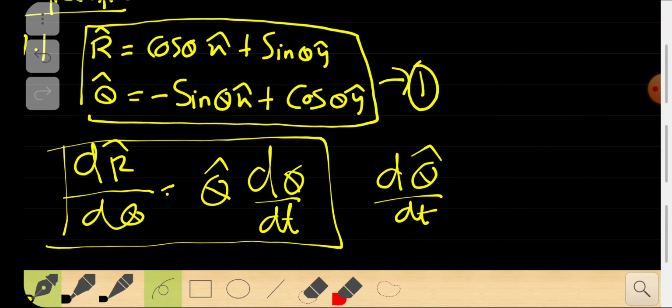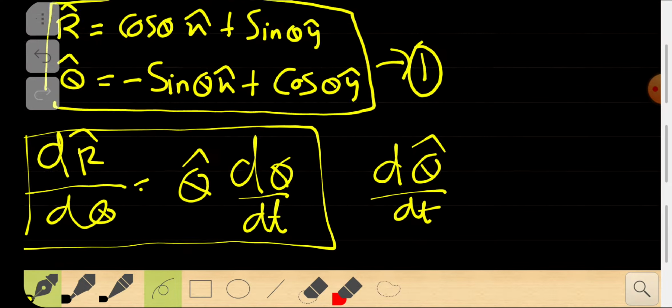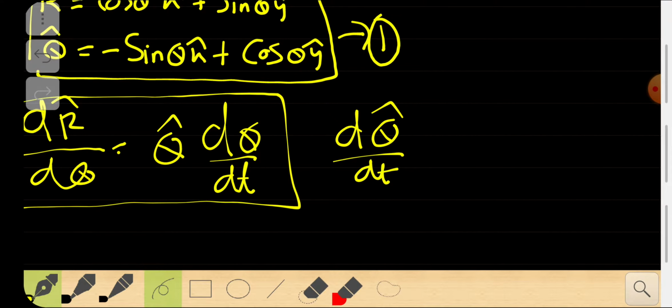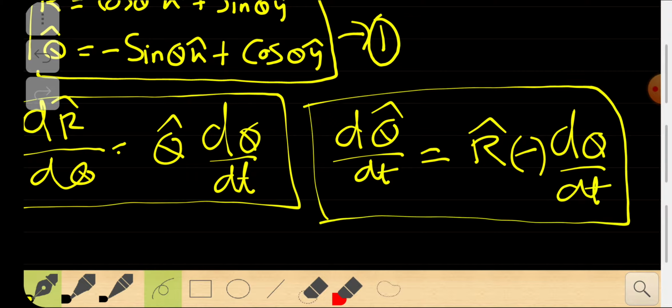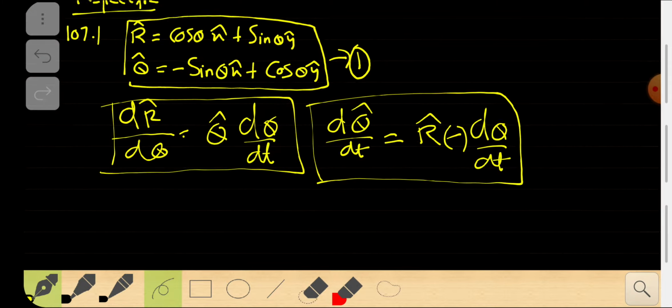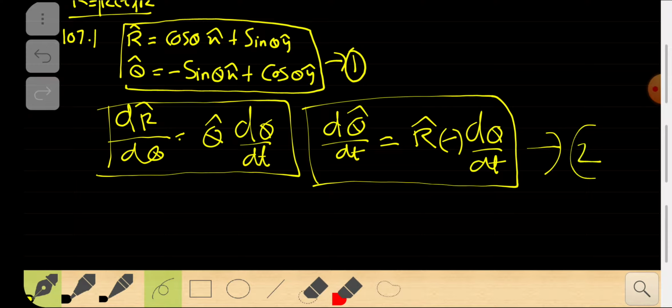In the r cap direction it transforms like this, and in the theta cap direction the transformation is minus d theta by dt in the r cap direction. So these two were things that we have found out. Let's call this equation 2 as well.